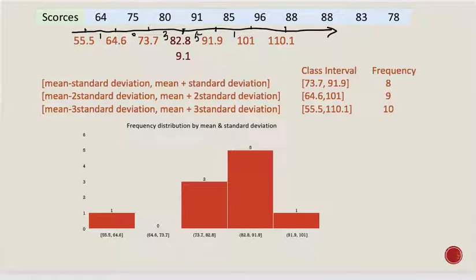So this summary gives me the information. These data points are pretty concentrated. Most of the data, 80% of them, fall close to the mean.